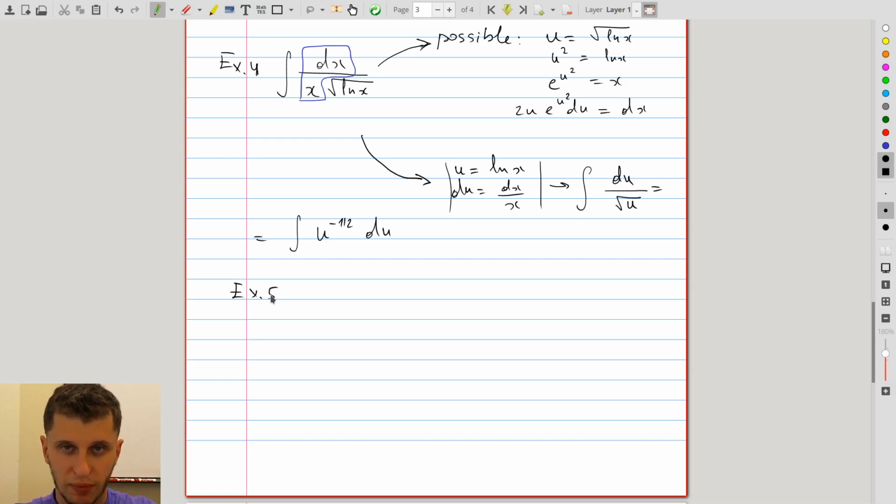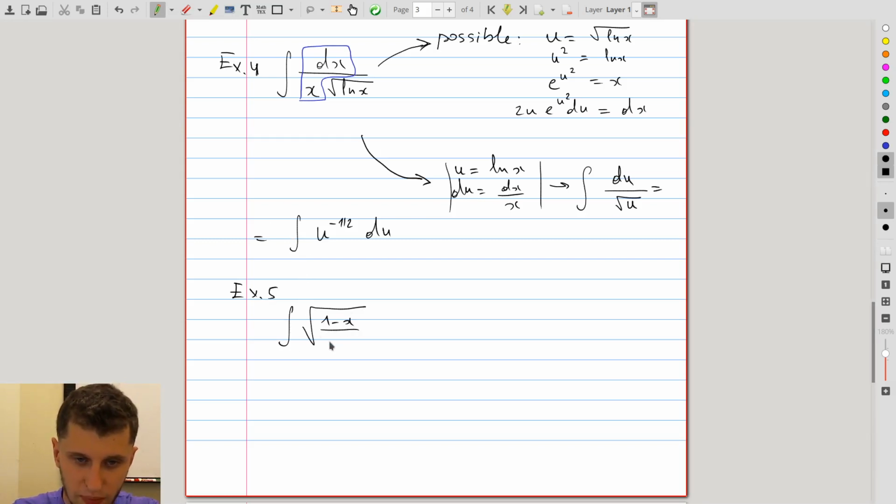So what you want to keep in mind is simplify, always simplify the expression you want to integrate first. So in example 5, we are looking at the integral of square root of (1 minus x) divided by (1 plus x) dx.